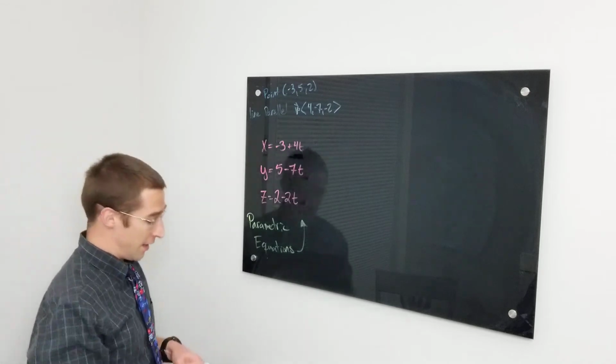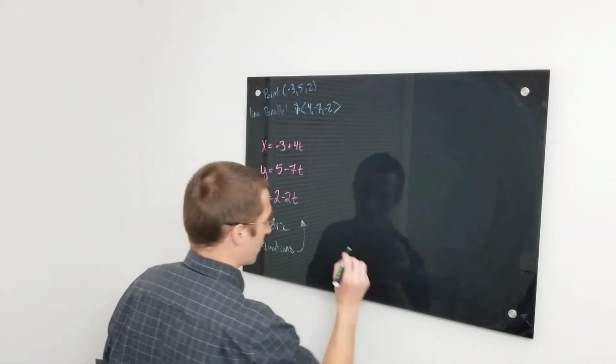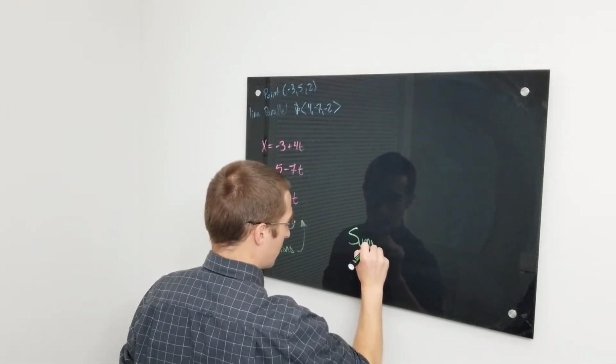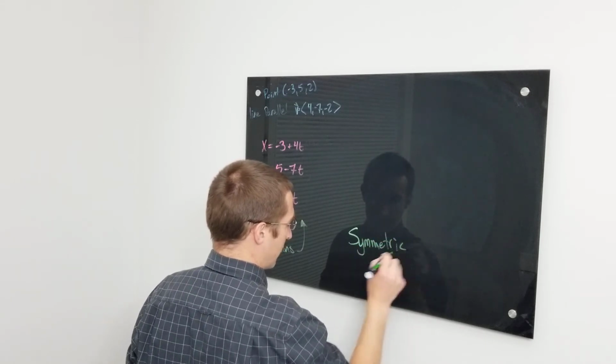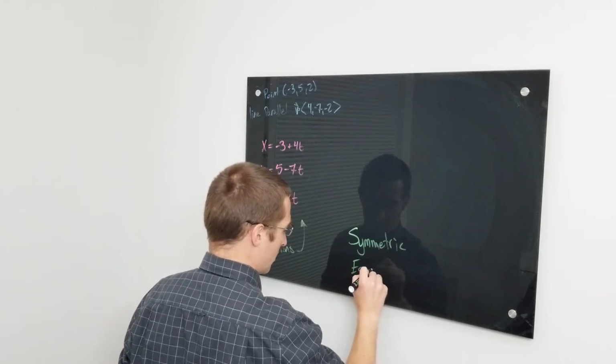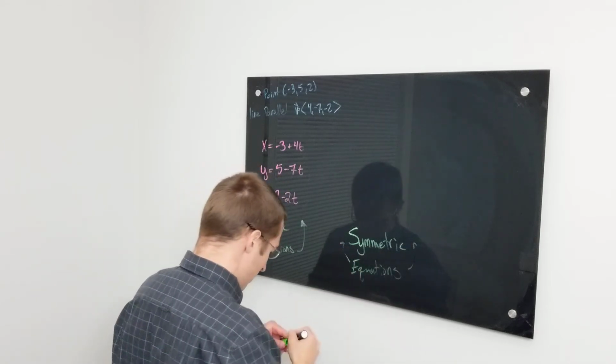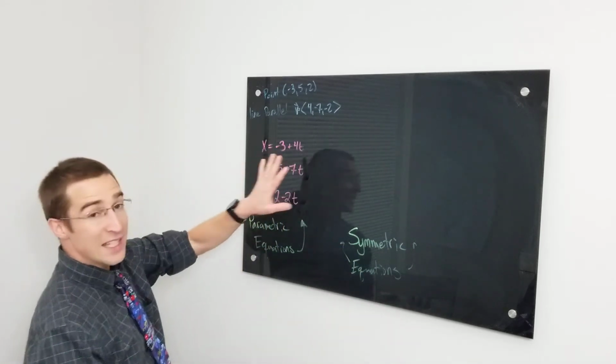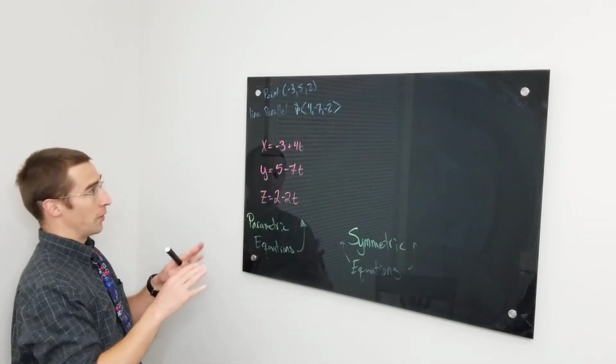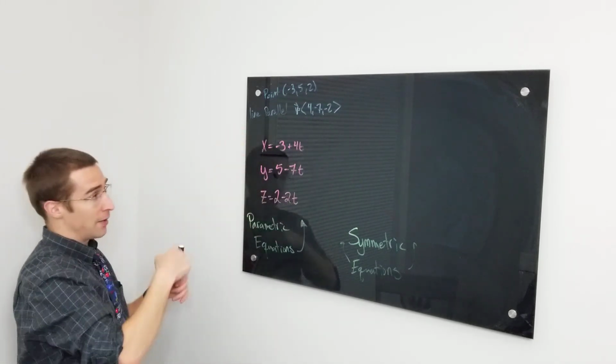Now, in order to find the symmetric equations, what we do is solve each of these for t. So I'm going to go plus 3 divided by 4.